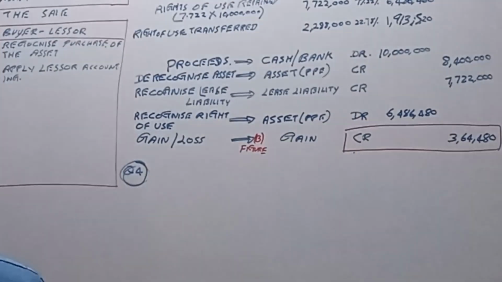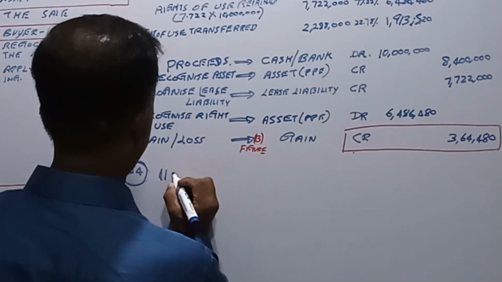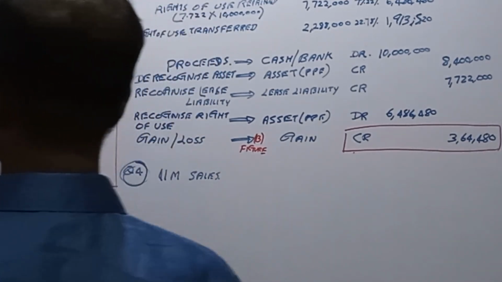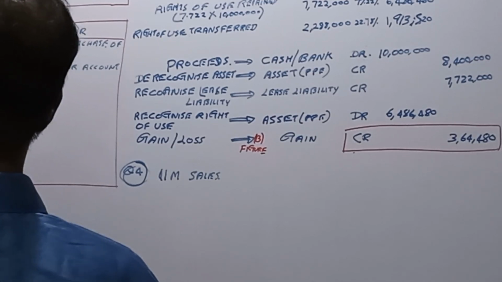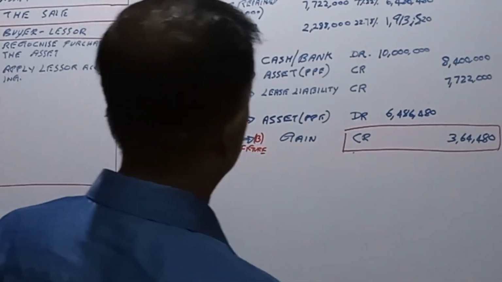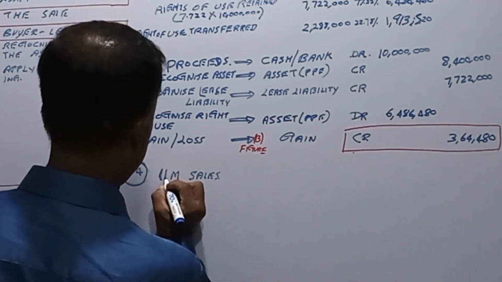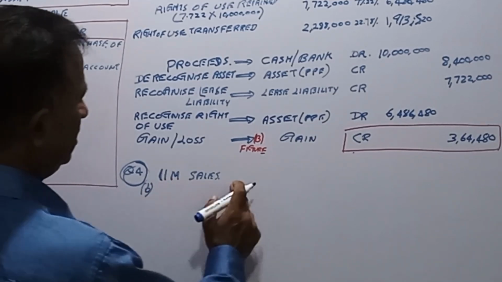In the B part, they say the property was sold at 11 million. 11 million is the sales proceeds, right? Now in the B part we are selling at 11 million, which is 1 million more than the fair value.